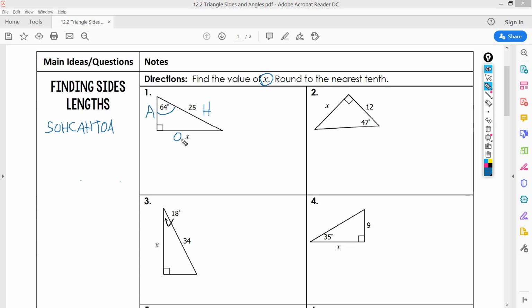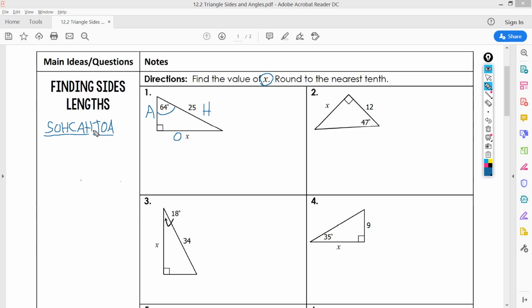And now you've done that, the first thing is to ask yourself, well, what's x? X is O. So we know that whatever we want to do has to involve O. And we have CAH, and we have TOA. Well, CAH doesn't have an O, right? It's not going to use this x value.